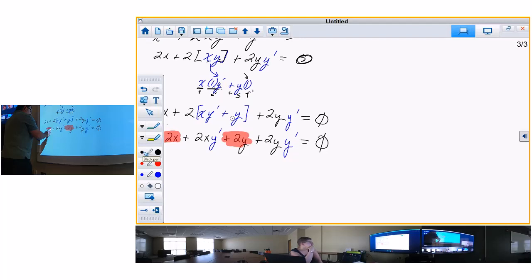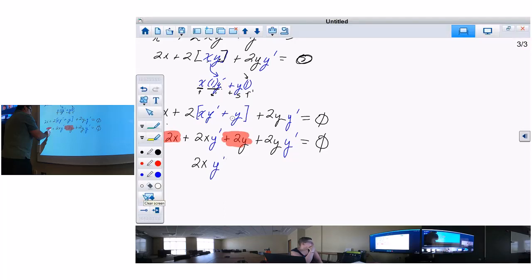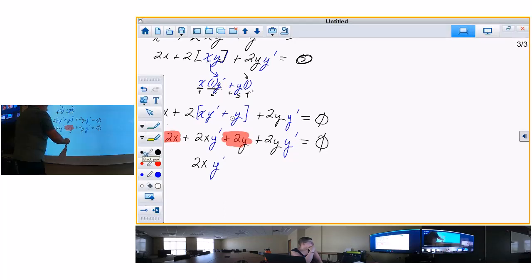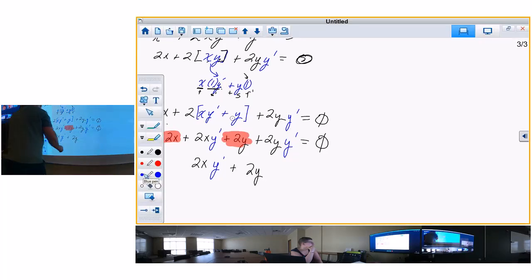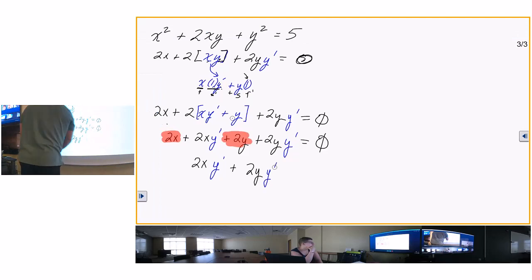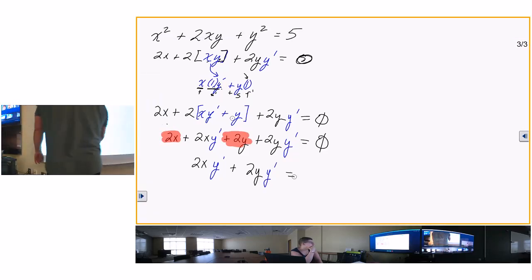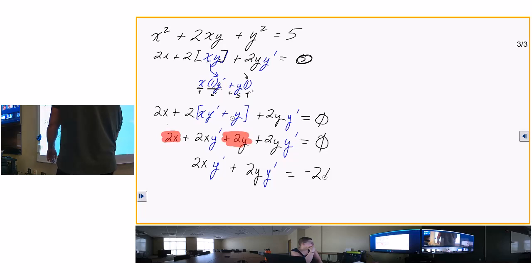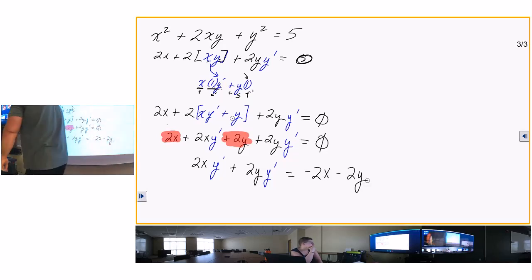And that's going to give me 2x y prime plus 2y y prime is equal to negative 2x minus what? 2y. All right, finish it.